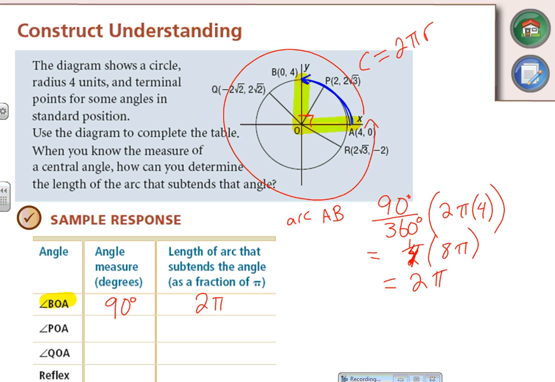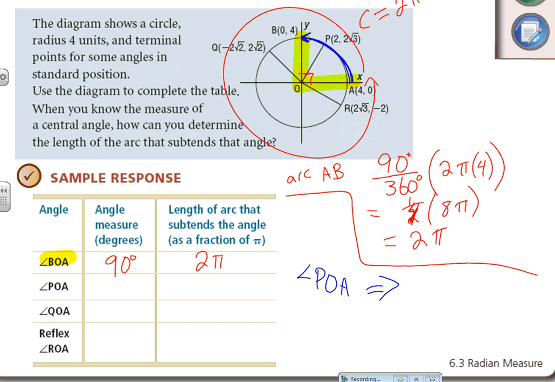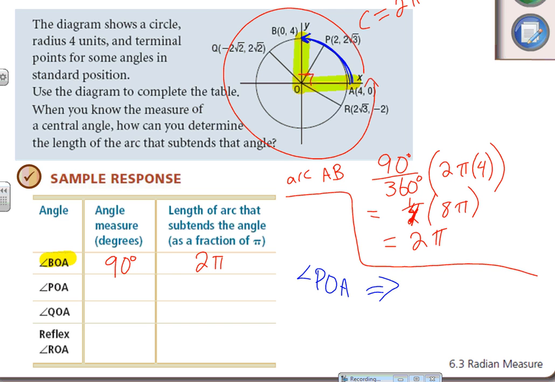Now for POA, we've got to find out how far that one is. So angle POA, we're going to look at what that angle is. In order to do that, we're going to use either cosine or sine and make a triangle. I know my x value, I know my y value, I know my r value. I could use cosine, sine, or tan, whichever one you want. I'm going to use cosine. So cosine of angle P is equal to x over r.